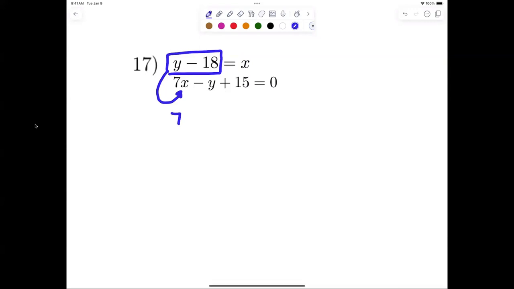So 7, open parentheses, y minus 18, minus y plus 15 must equal 0. Distribute, what do we get? 126.